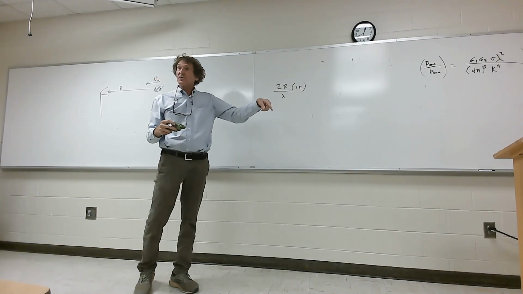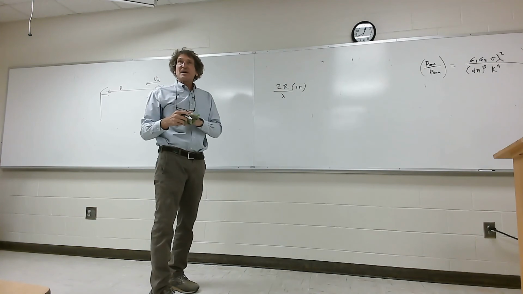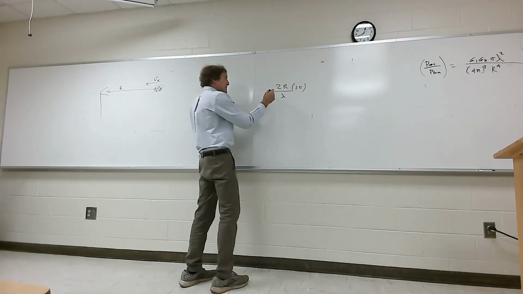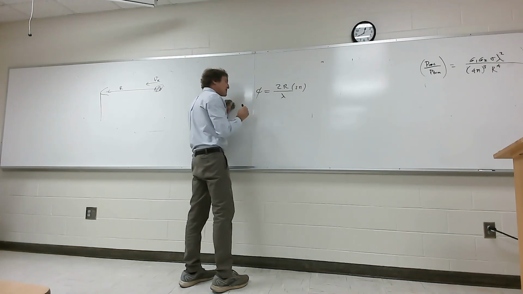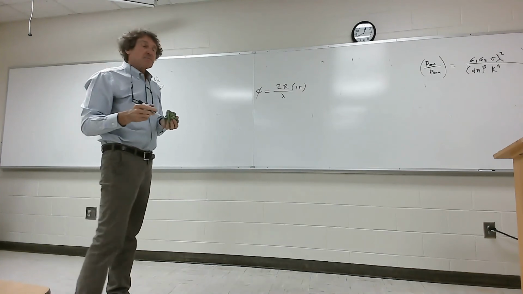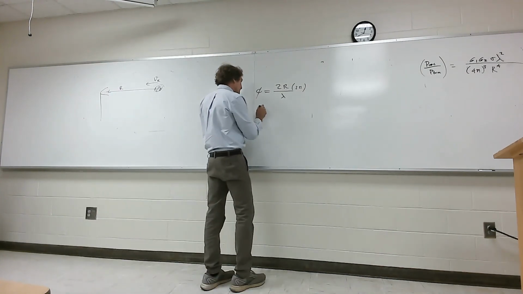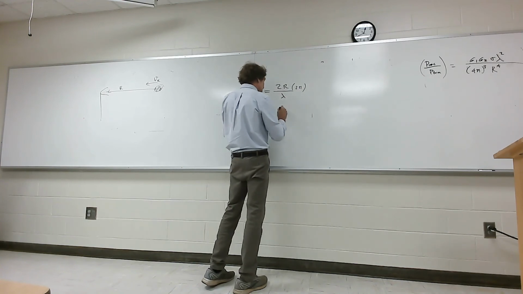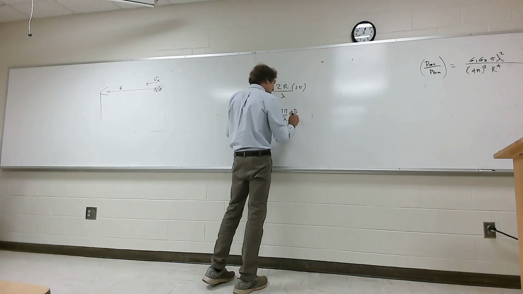The wave would have gone through that many radians, the radians per meter times that. And that would be something that we just call the angle. Now, when you take the time derivative of this, that's going to be equal to 4 pi over lambda times dr dt.